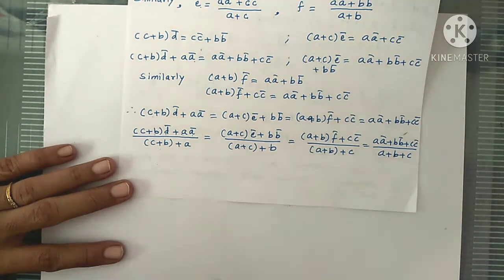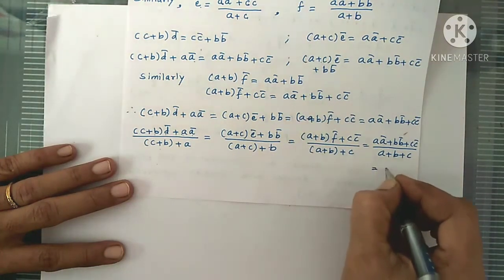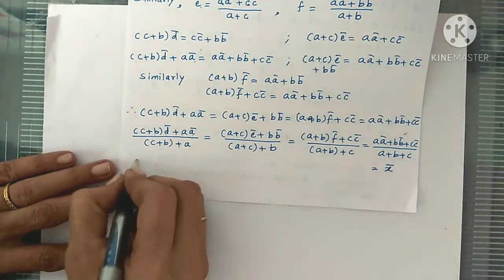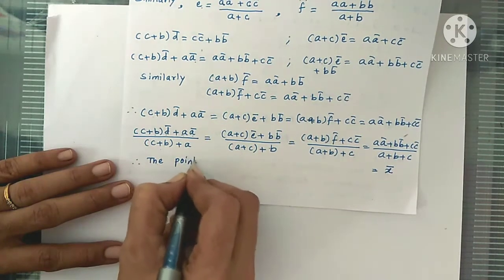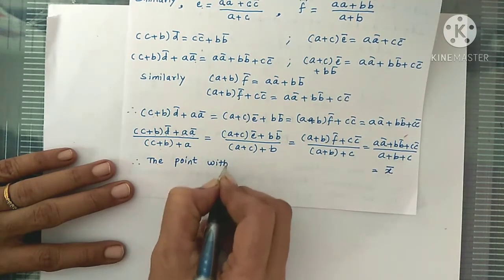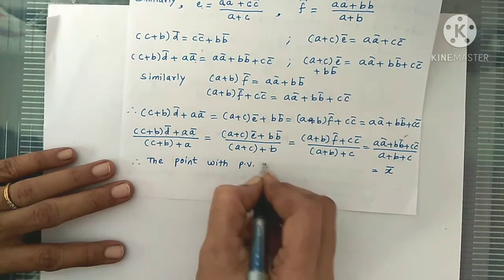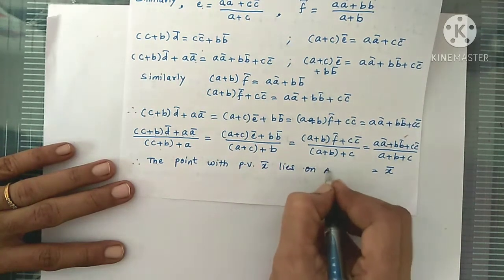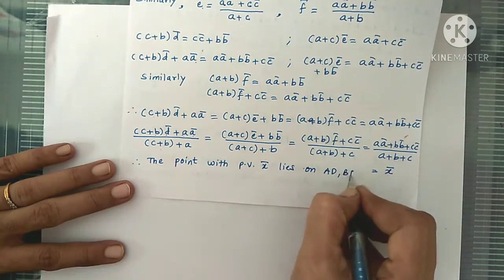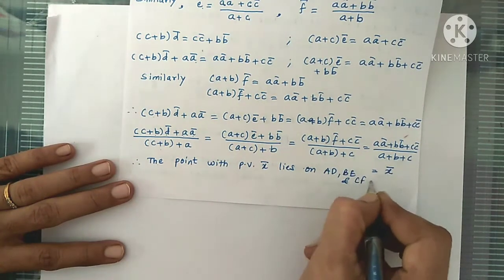But by the equality it is one and the same point. That means the point lies on AD and on BE and on CF. So it is one and the same point. So let's write this as X bar. Therefore, the point with position vector X bar lies on AD, BE and CF.